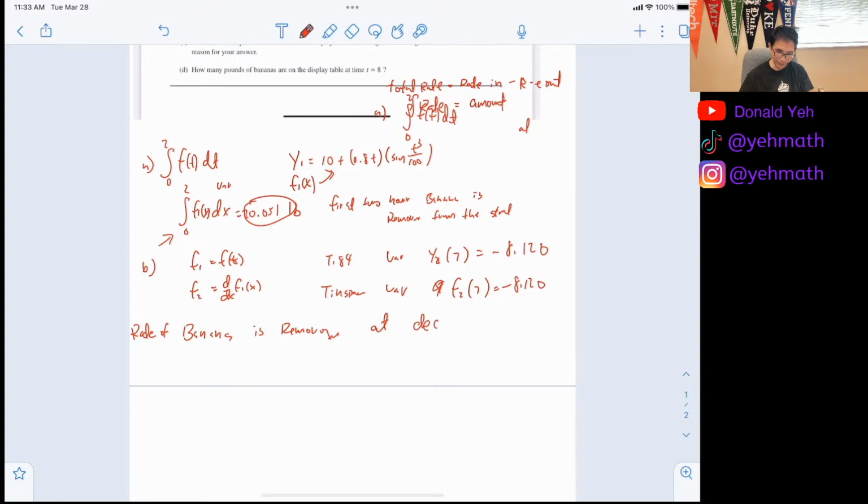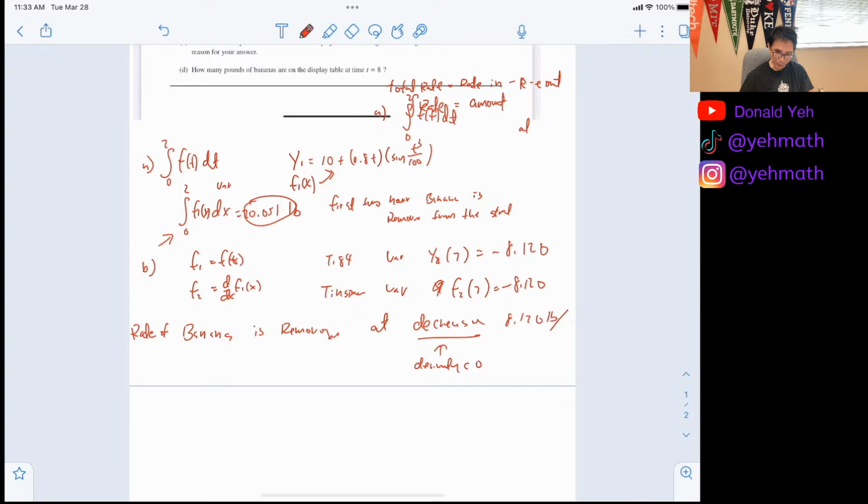Why is it decreasing? Decreasing implies the derivative is less than 0, is negative. So the rate of bananas is removing at a decreasing 8.120, right?